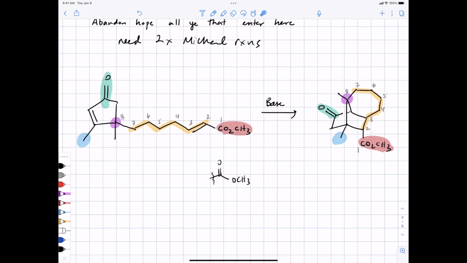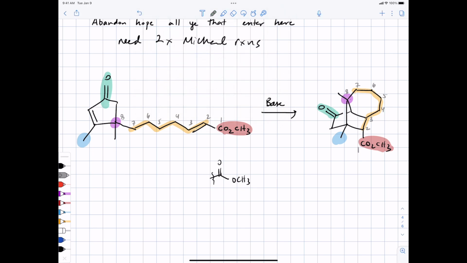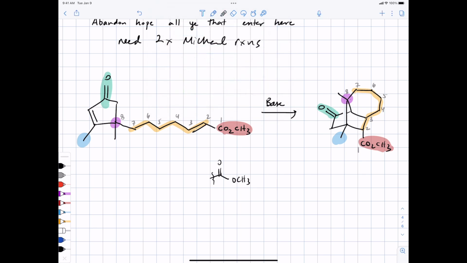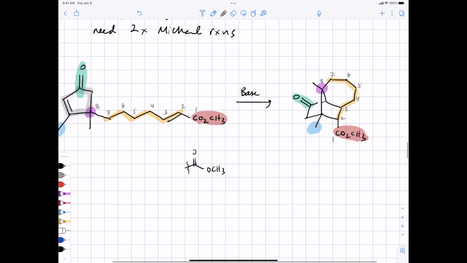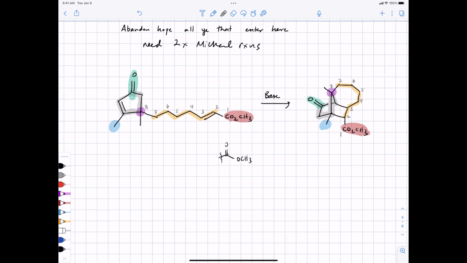Now we're running out of colors, but we'll use gray. See if we can identify the 5 membered ring in the starting material and figure out where that is in the product. So here's the 5 membered ring in the starting material. Here's the 5 membered ring in the product. Okay.